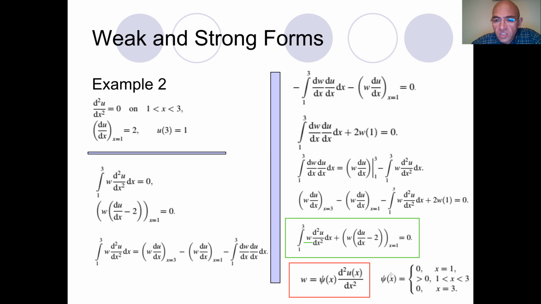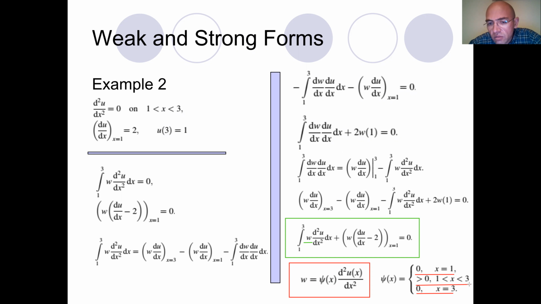I can choose this function in a way that it is 0 at the boundaries, so at x equal to 1 and at x equal to 3, so it is 0 on the boundaries, and it is non-zero within the domain.